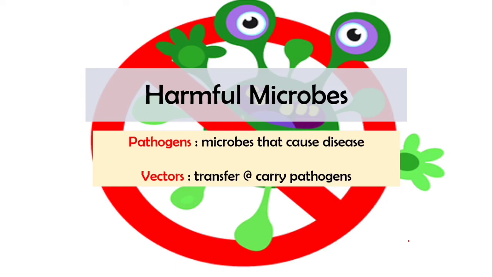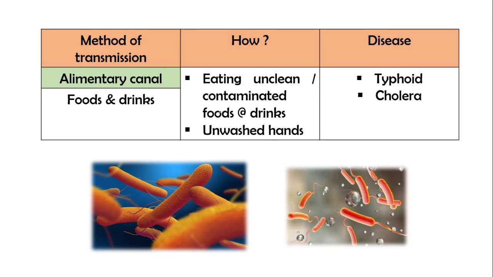Okay, harmful microbes. You need to bear in mind two terms being used for harmful microbes, pathogens and also vectors. Pathogens are microbes that can cause disease, whereas the vector transfers or carries pathogens.